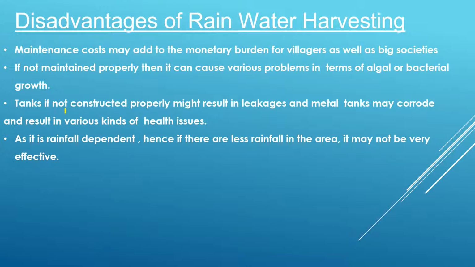Tanks, if not constructed properly, might result in leakages, and metal tanks may corrode and result in various kinds of health issues, especially from fluorides, chlorides, and so on. As it is rainfall dependent, if there is less rainfall in the area, it may not be very effective, especially in years when droughts carry on.